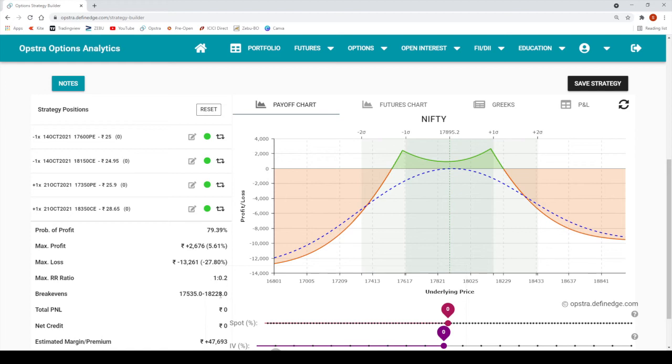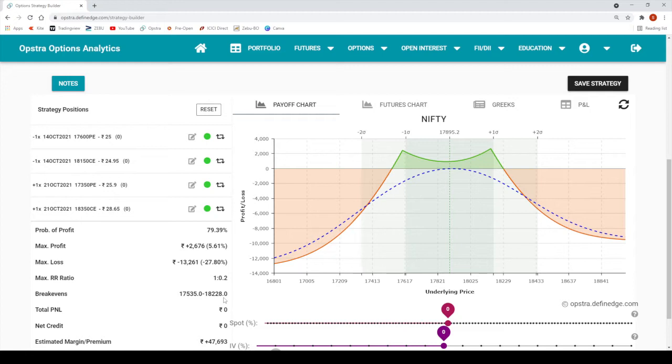Now we will see when to create these calendar spreads. Whenever there is low VIX, we create calendar spreads. Why? Because the premiums are very low, and when the VIX starts increasing, the premiums will increase.